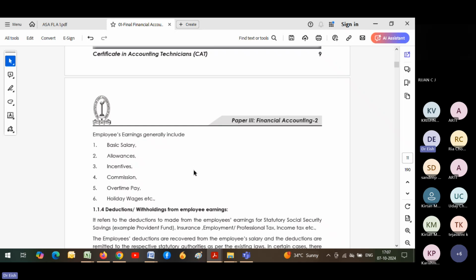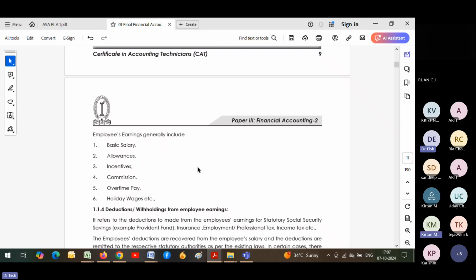Fourth is commission. You are supposed to get commission if your job is of sales type or servicing type. You will get the commission for sales and service, but you will not get the commission if you remain in accounts.